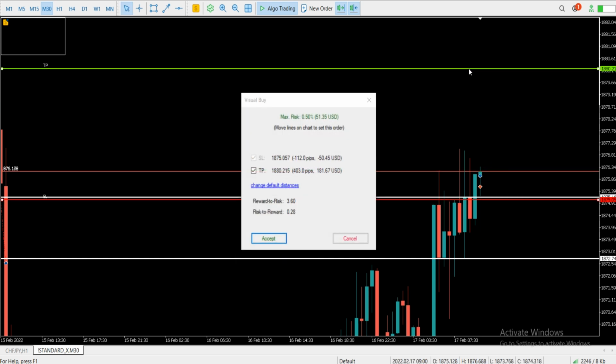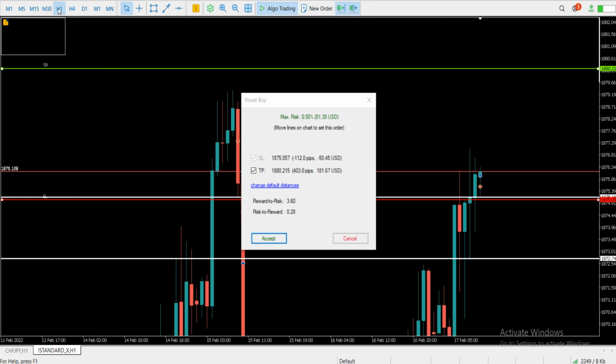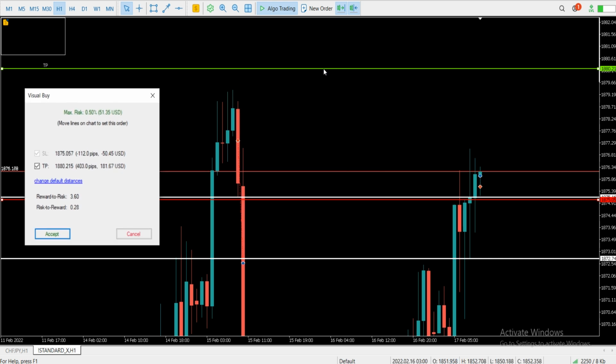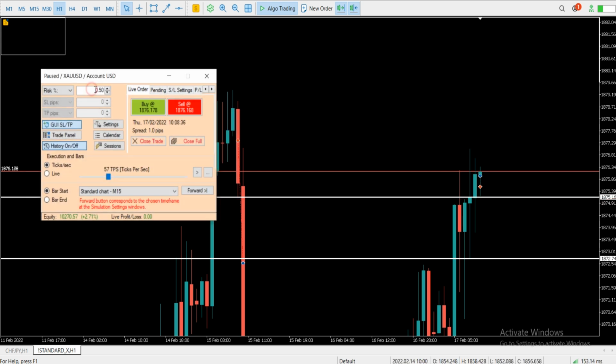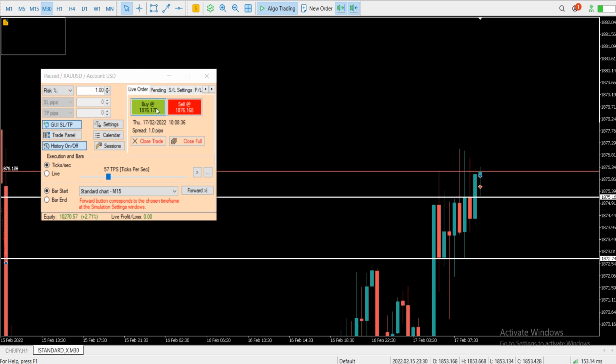Stop loss will go right here. Maybe take profit right there, because now if the market has to go up, it will go up. Let's enter with 1% risk this time because now it seems like a good confirmation.